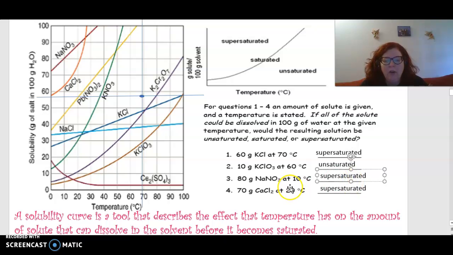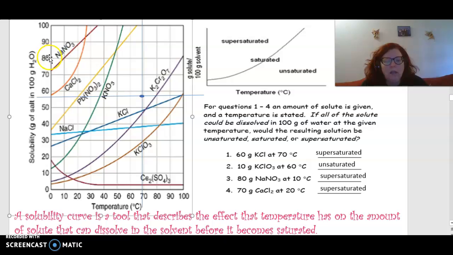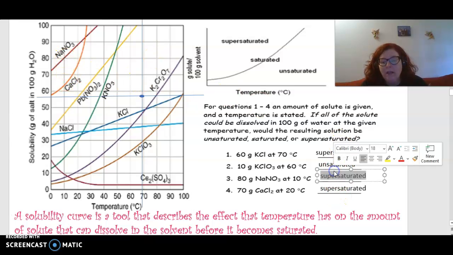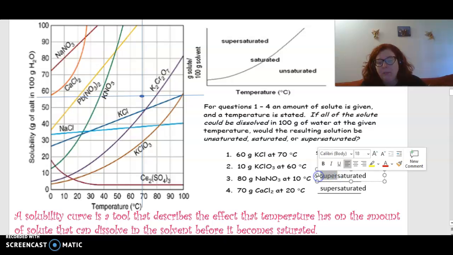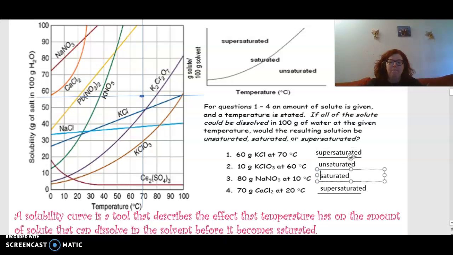Perfect. Next, 80 grams of sodium nitrate, way up at the top, this nice red one. 80 grams at 10 degrees. I don't know about you, but that looks like it is on the sweet spot. It is saturated.